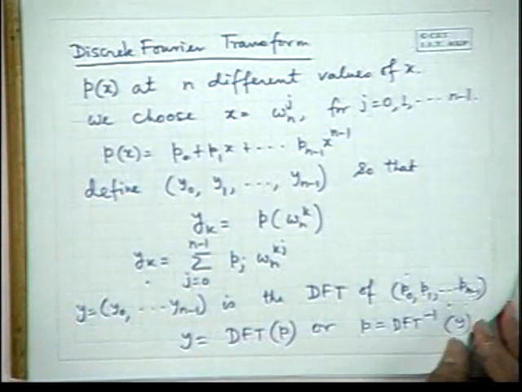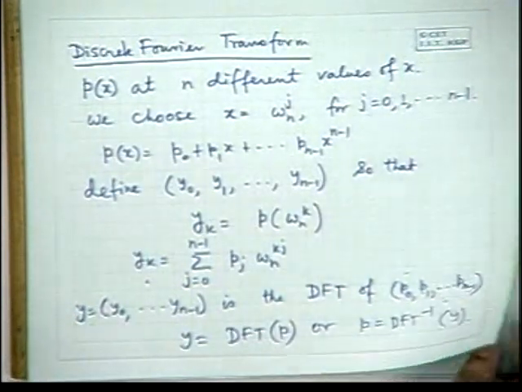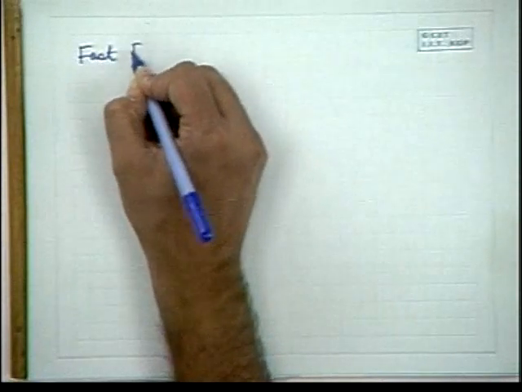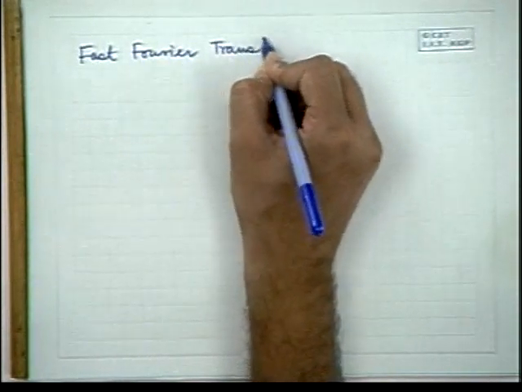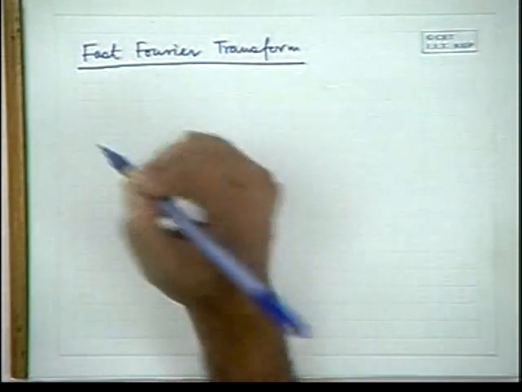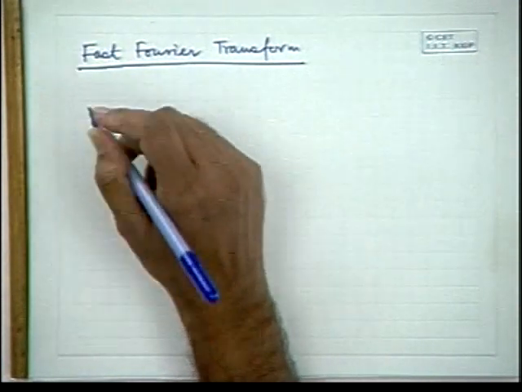So let us see how we can do this DFT calculation fast. The algorithm for computing the DFT fast is called the fast Fourier transform algorithm. Using it, we can compute this DFT fast.